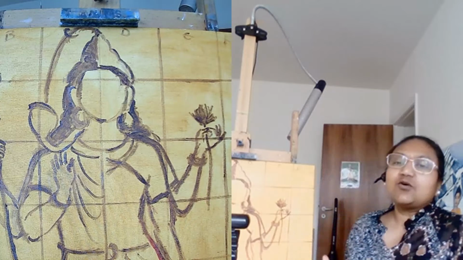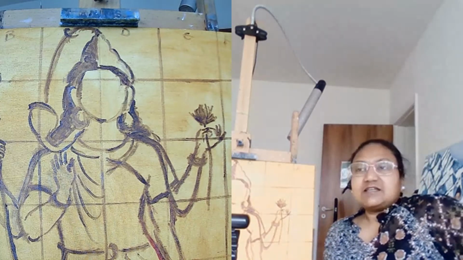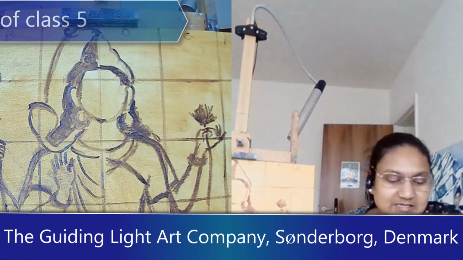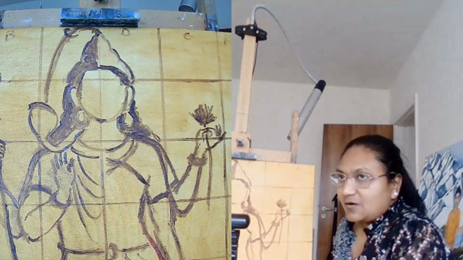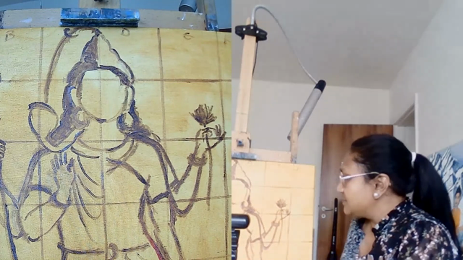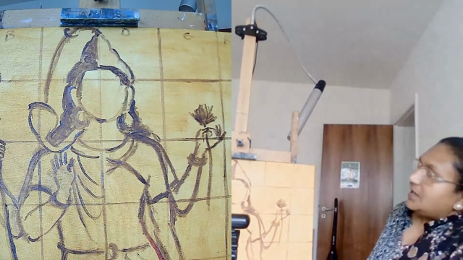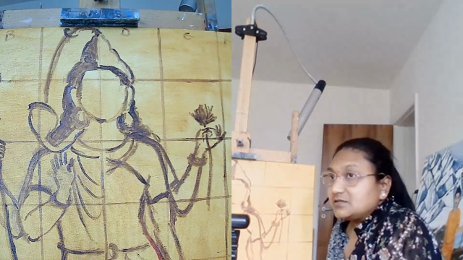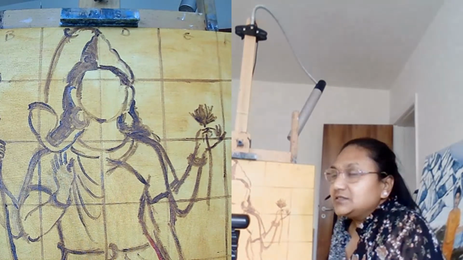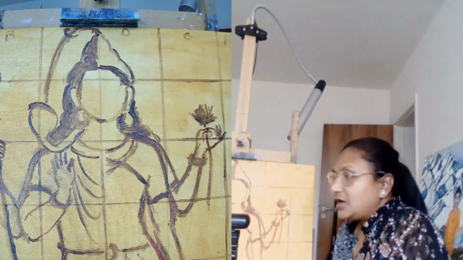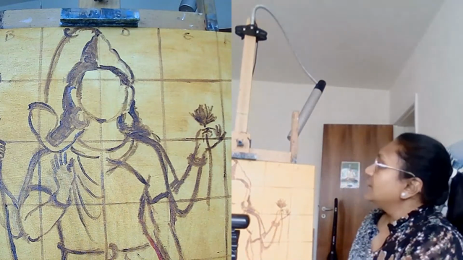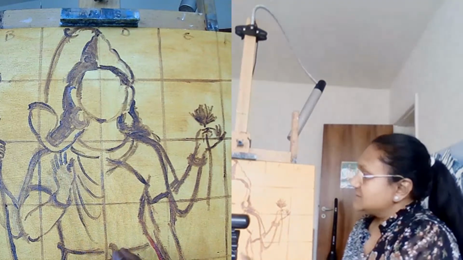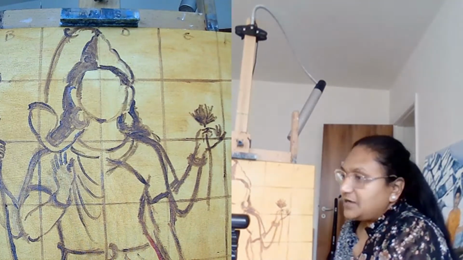Let's just quickly go over what we have done as a recap and then see what we have to do today. So we had started out with some basics on the canvas and preparing the canvas and strategizing, selecting references, deciding on what to do, what not, how, and then bringing it down to the canvas is the step that we are right now in.